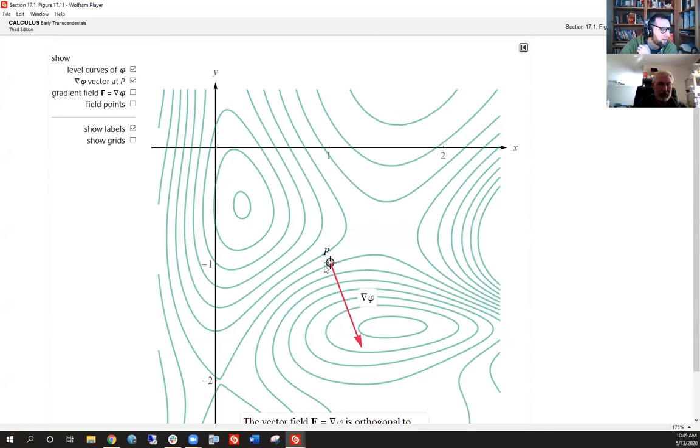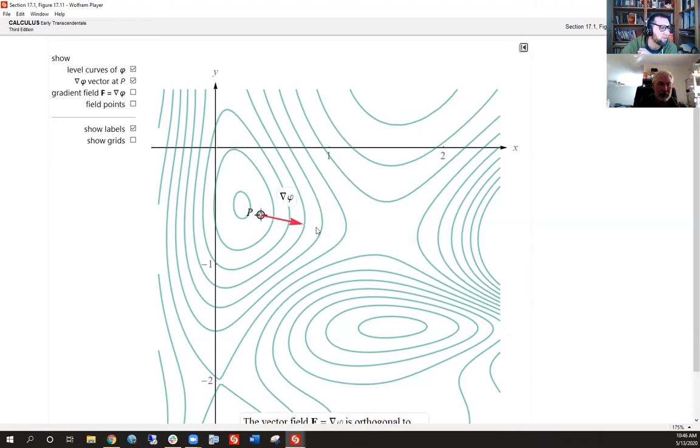So here's the gradient, and so if I put my gradient on any of those level curves, you can see it's pointing perpendicular to the level curve. Is it the direction of steepest slope as well, synonymously? Yeah, so it looks like in this case, we would be going from low to high.